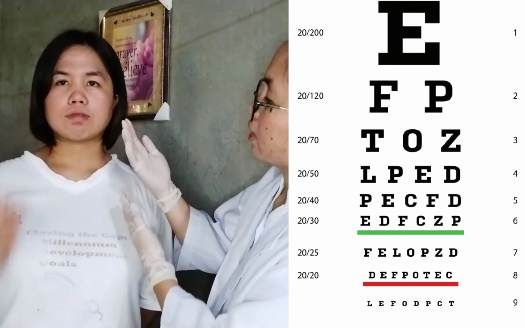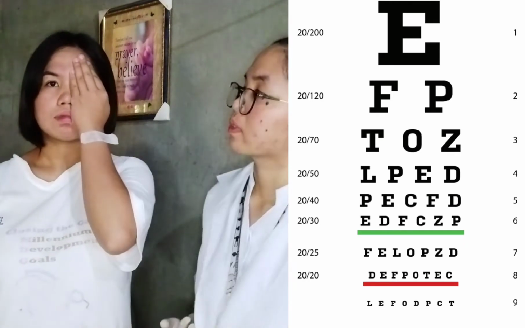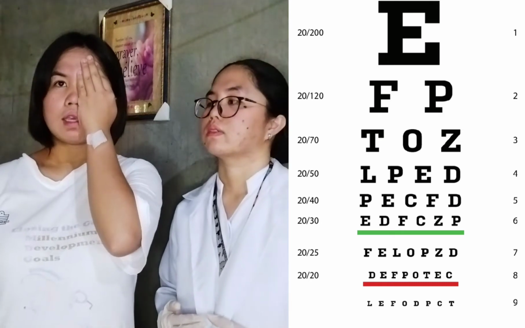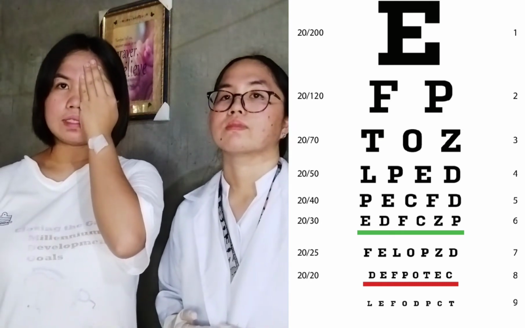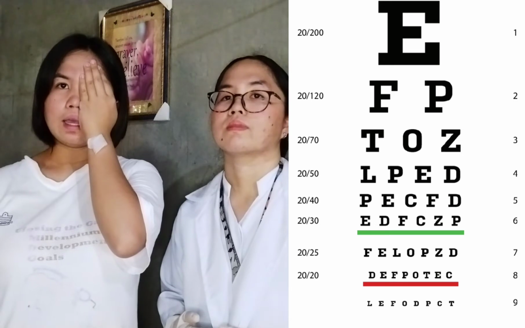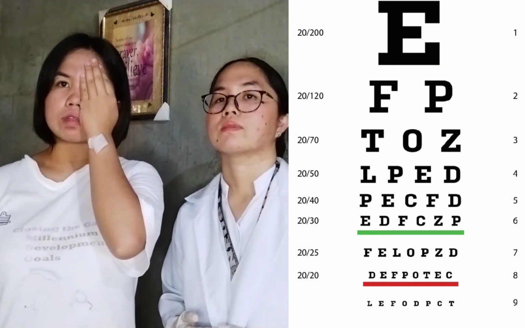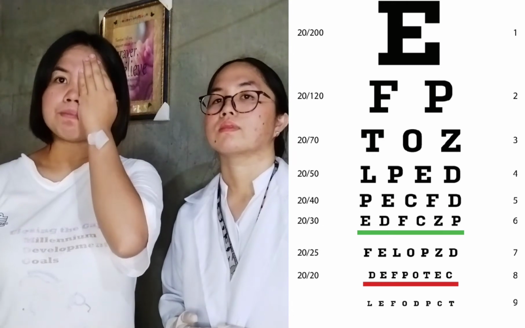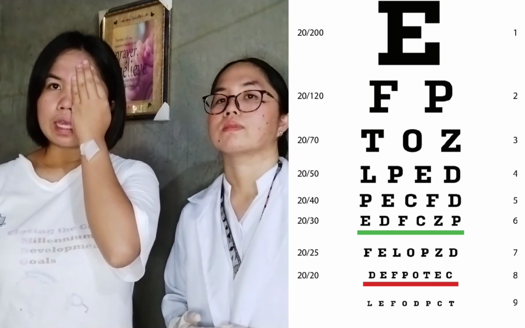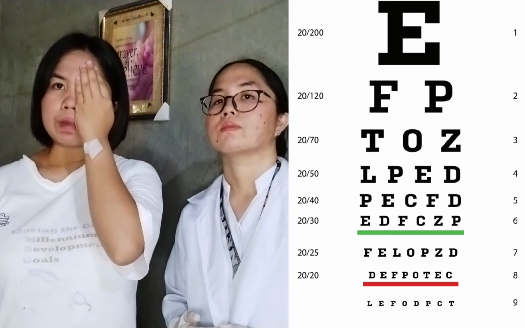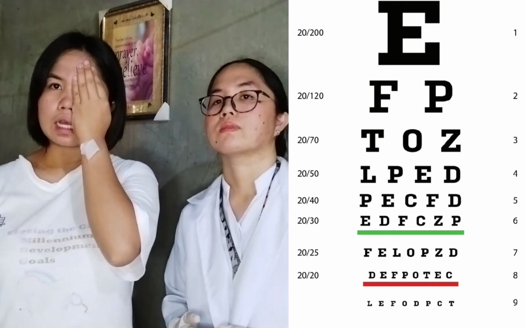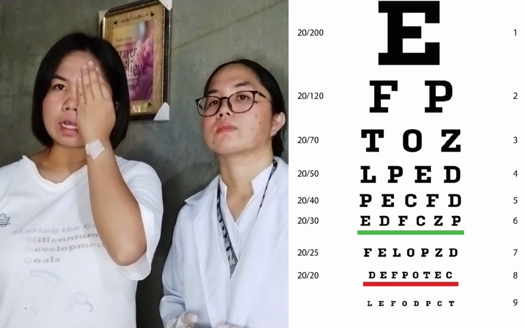Okay, the left side. E F P T O Z L P E D P E C F D E D F C Z P F E L O P E D. I can read the other line.